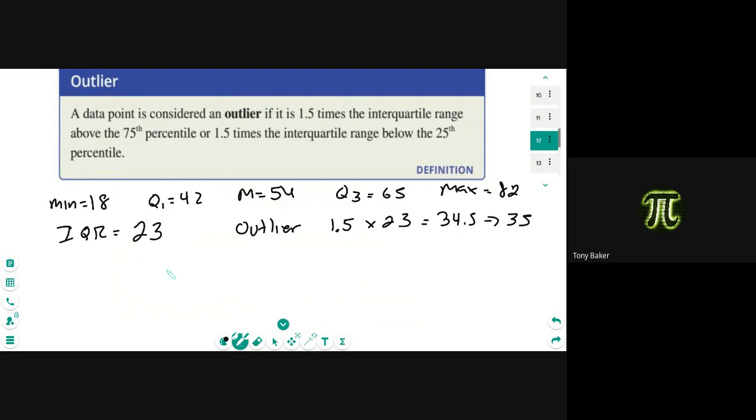So to find my low end, I take Q1 minus 35, which gives me 7. In my upper end, I take Q3 and I add 35, which gives me 100.